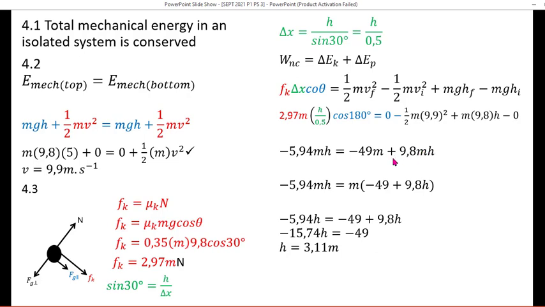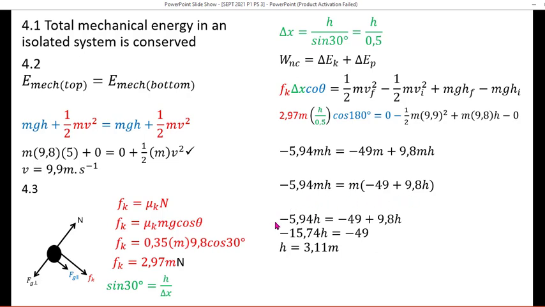We can proceed, and we have m terms, so we can factorize the m out. When we do that, we have negative 5.94 mh is equal to m into negative 49 plus 9.8h, then this m will cancel this m out, and we are done with the m.